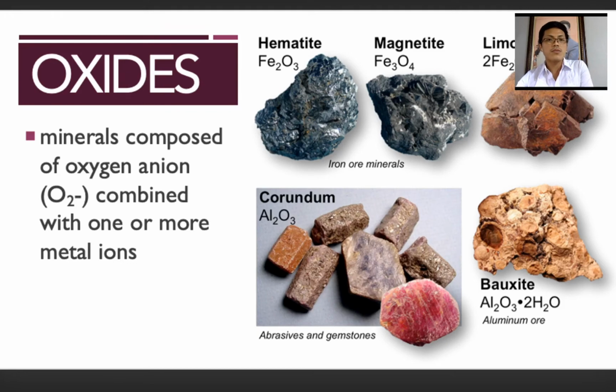Examples of oxides are hematite, magnetite, limonite, corundum, and bauxite. These are minerals composed of oxygen combined with one or more metal ions. So it has oxygen as the anion part.